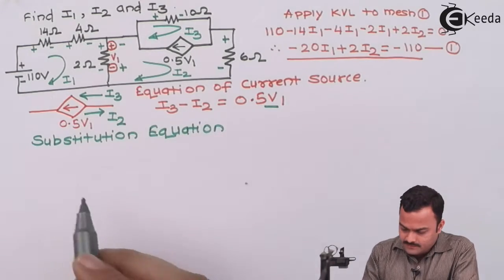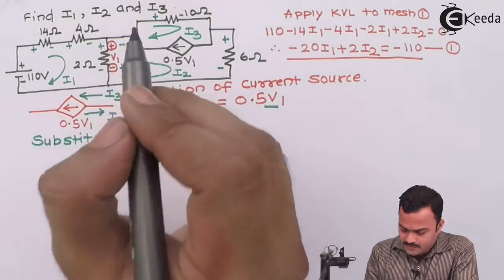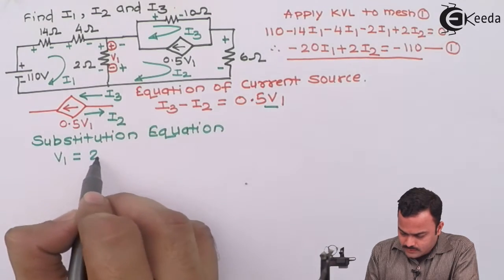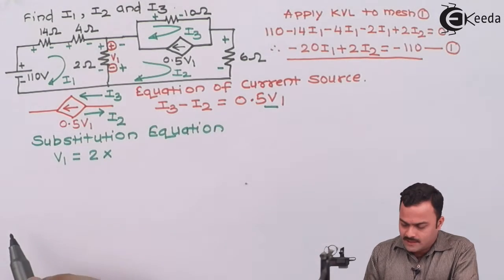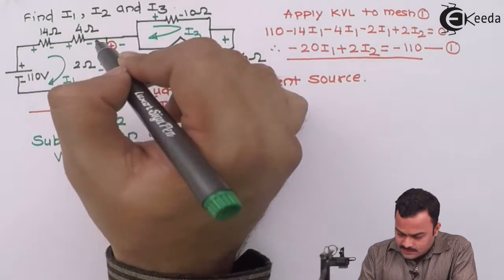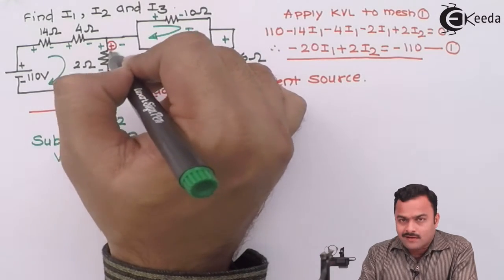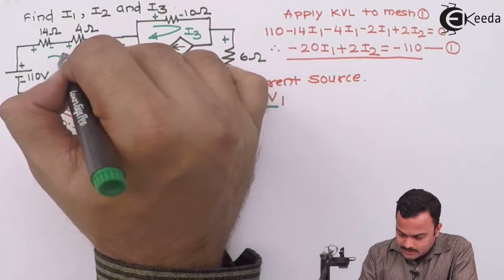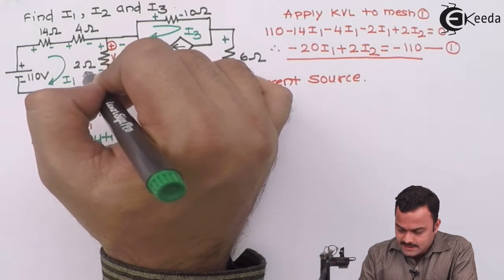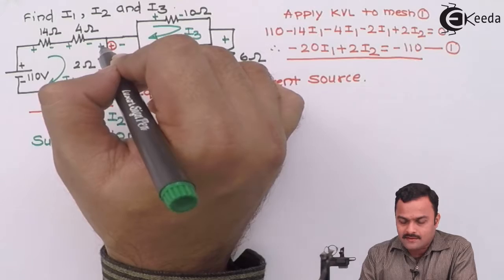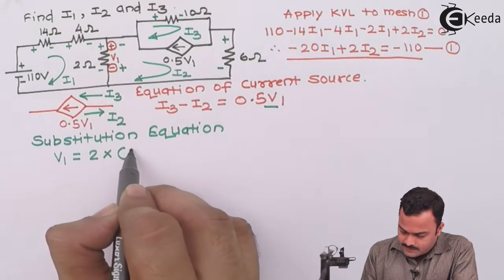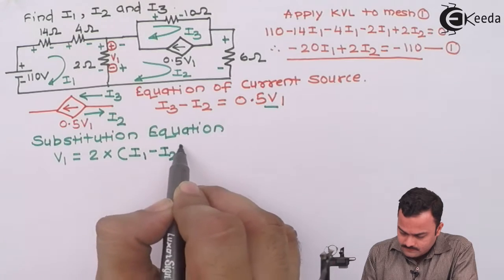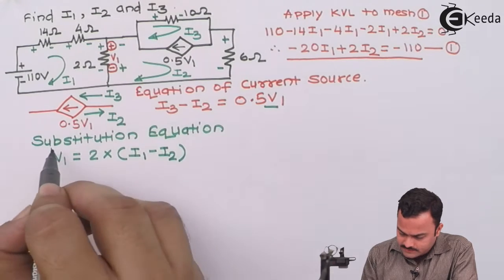So where is V1 lying? V1 is nothing but a voltage across the 2 ohm resistor, so V1 is the resistor 2 multiplied by the current. How to decide the current? The polarity given by them with this red ink matches with this polarity, and this polarity is because of I1. Hence I can say I1 is the dominating current. So V1 will become 2 multiplied by I1 minus I2. This is our substitution equation.